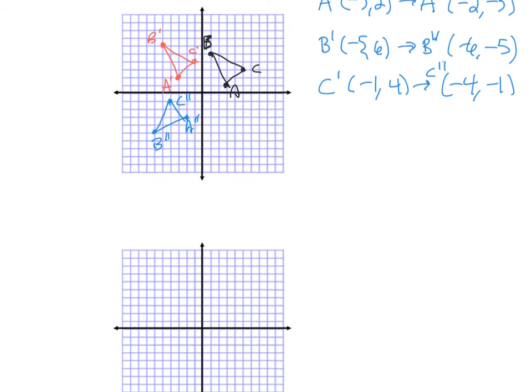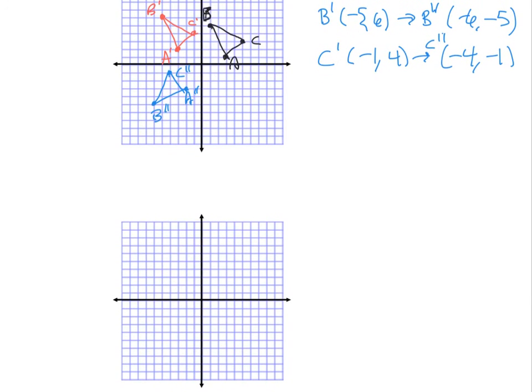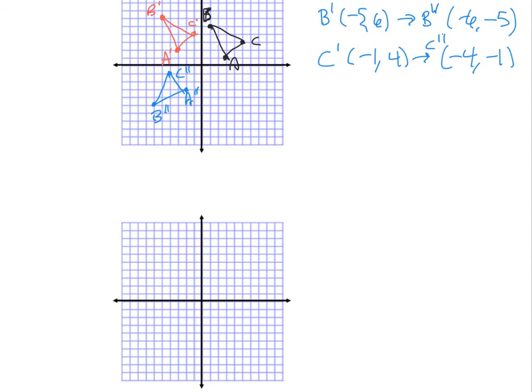Okay, we're going to take our original triangle, which is still at those same original points, graph that back in, and then point C was at 5, 3. So there's point A, B, C. Now we first want to do the rotation. So the rotation means we're going to take all of those coordinates and we're going to switch.